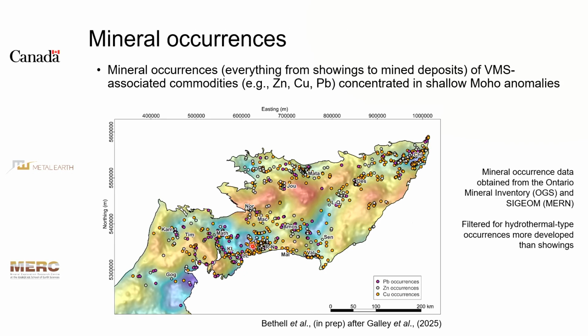We also looked at mineral occurrence data, so not just the actual established deposits, but basically everything from showings to more developed ones, specifically with VMS-associated commodities, looking for those centers of hydrothermal mineralization. This map is showing the zinc, copper, and lead occurrences and how they relate to the moho depth.